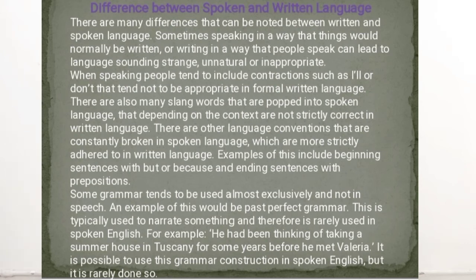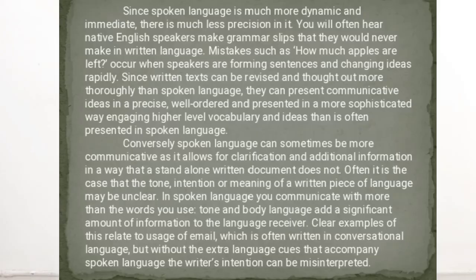Some grammar tends to be used almost exclusively in writing, used to narrate some time, and therefore is rarely used in spoken English. For example, he had been thinking of taking a summer house in England for some years before he met Valeria. It is possible to use this grammar construction in spoken English, but it is rarely done so.